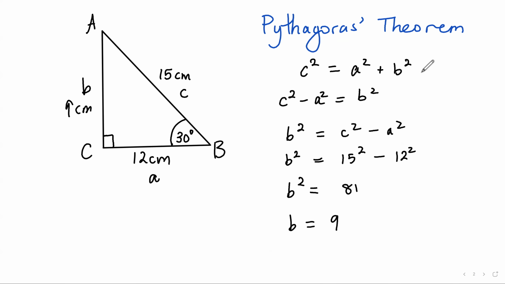So if I wanted to find B, as in the case of this example, it would be the square of the hypotenuse minus the square of the other side. And if I wanted to find A, it would be the same thing, except I would subtract B squared, right? That is fairly simple. But Pythagoras' theorem is not given to you in your list of formulae, so you have to know it, right?